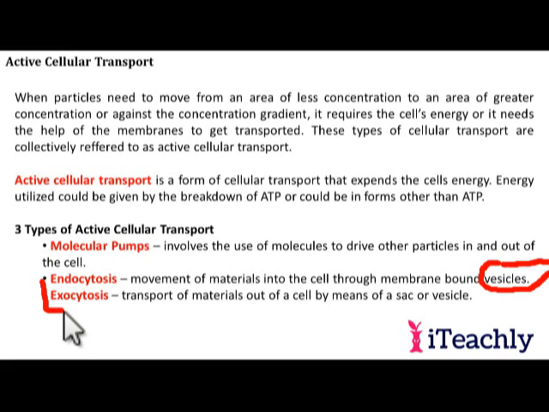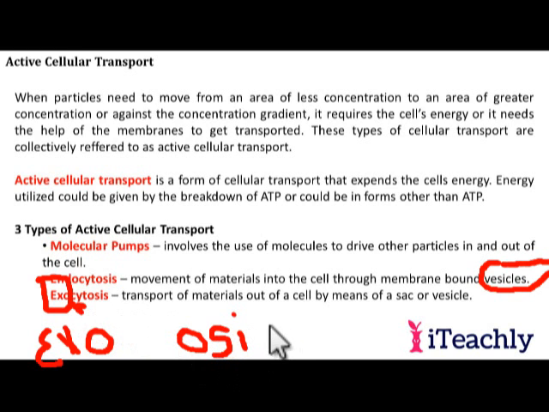Exocytosis, write down that word. And then exo means out, kind of like exit. And then cyte is cell. And then this osis is movement. I should have pointed that out whenever we studied osmosis.